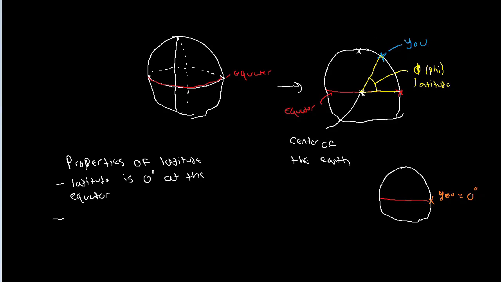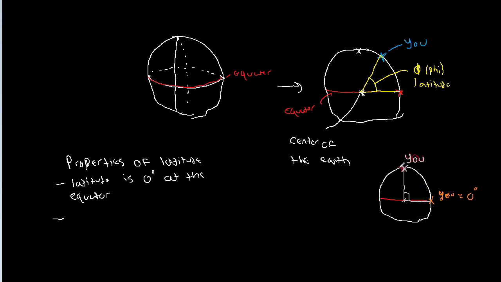So you would then be here. That is not the most contrasting color. Let's try gray. You are now here. So the angle that you make with the equator is a right angle, right? You would be 90 degrees.